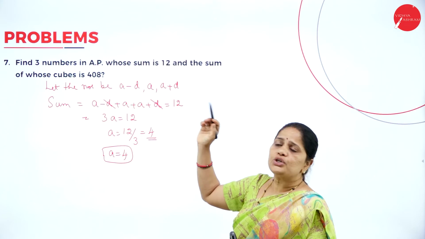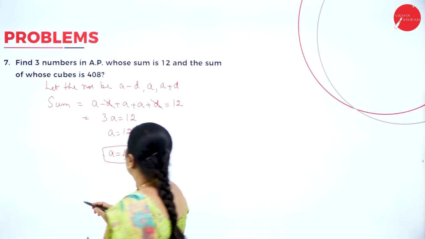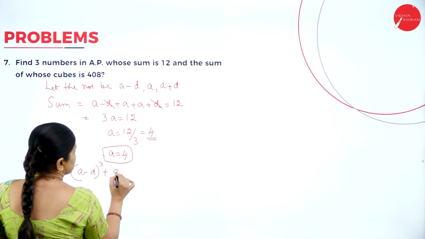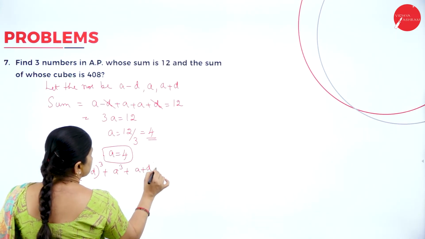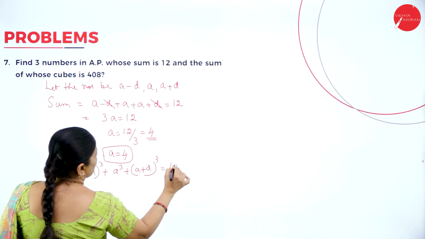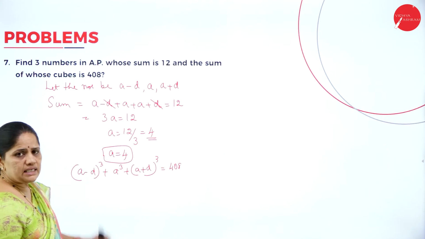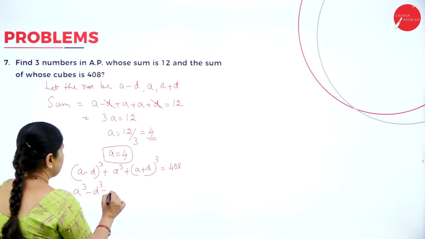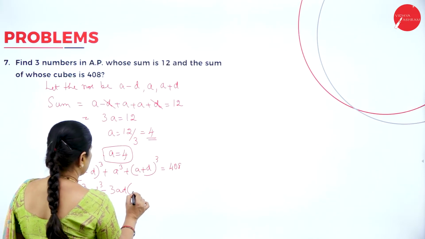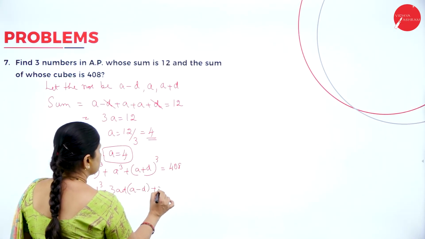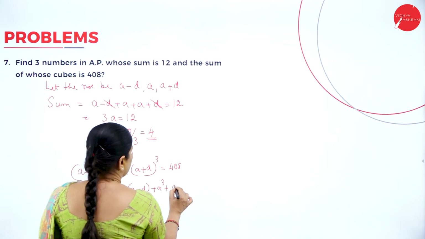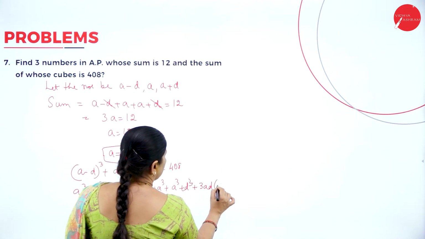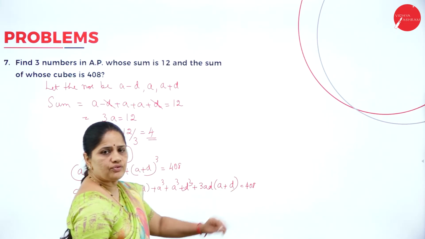Now what is the next step? They have given that the sum of the cubes is 408. So what I will write is a minus d the whole cube plus a cube plus a plus d the whole cube equals 408. a minus d the whole cube is a cube minus d cube minus 3ad into a minus d, plus a cube, plus a cube plus d cube plus 3ad into a plus d, equals 408.